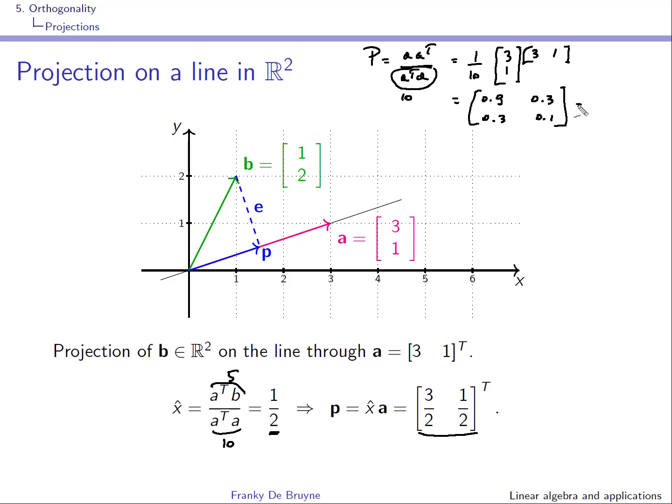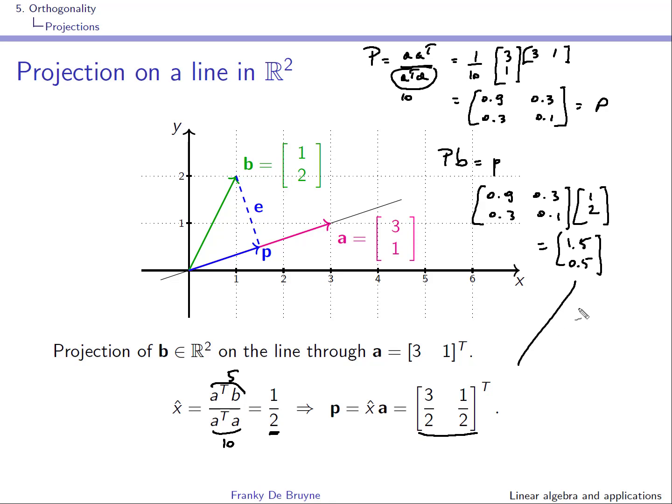Okay, so this is the projection matrix. And if we use the matrix P and we apply it on b, we should have the same result as below. So let's try that. 0.3, 0.3, 0.1, and we take the vector b, it's 1, 2 over here, and this will lead to 1.5, and here 0.5. Okay, and so this is indeed equal to what you have here below.